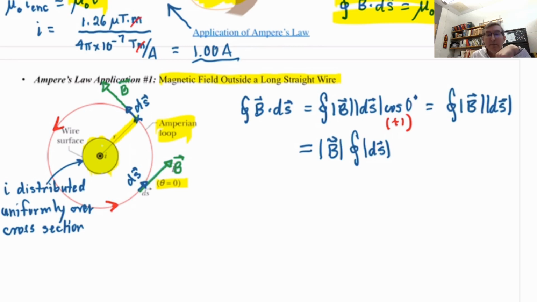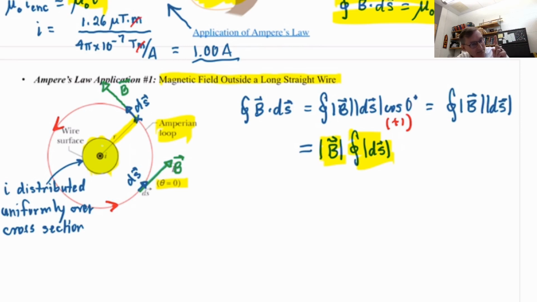That's why we chose the Amperian loop to be a circle, concentric with the wire. That was the whole purpose of choosing the Amperian loop that way, so that we could bring the B magnitude out front. If you can't find an Amperian loop for which it is allowable to bring the B out front, forget about Ampere's law. It's not going to be helpful. But we can here. And then the integral part that's left is very easy. It says just add up all the little step lengths once around.